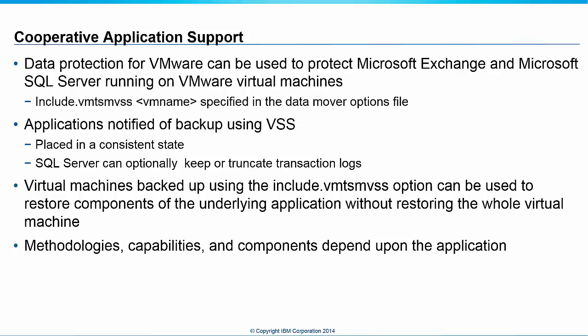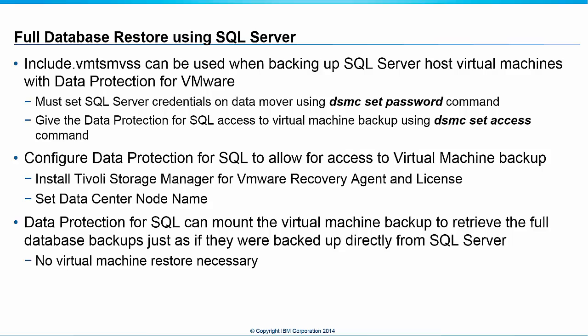You just point to the virtual machine backup on the Tivoli Storage Manager server, and then you can get to the various components to do an application level restore. The methodologies, capabilities, and components you use are a little different depending on whether you're using Microsoft Exchange or Microsoft SQL Server. In this video, I want to specifically concentrate on SQL Server.